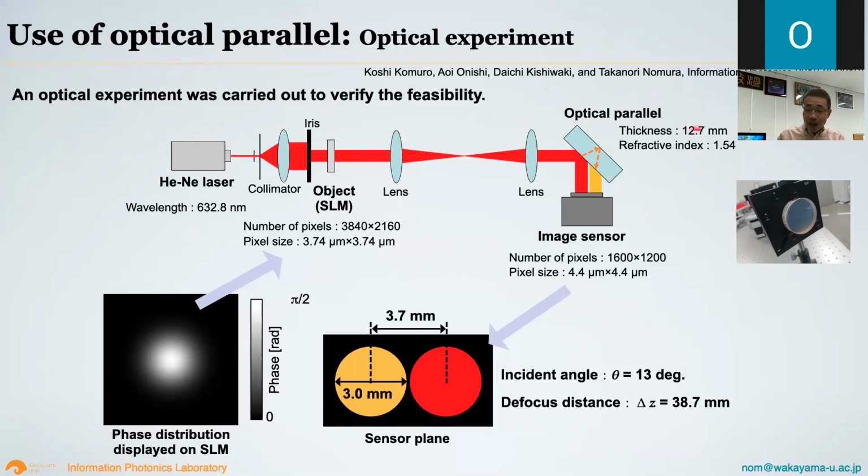Anyway, here we have an optical parallel. In this case, thickness 12.7 millimeters and refractive index 1.54. The incident angle was set to 13 degrees.